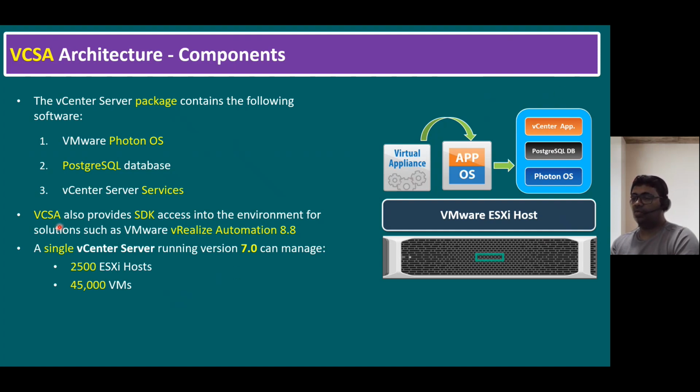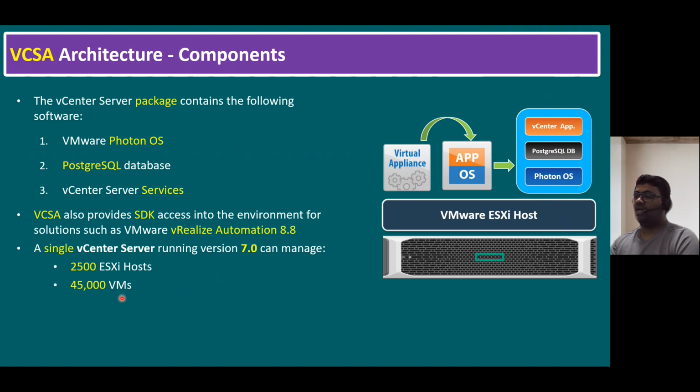And VCSA also provides SDK, software development kit, access into the environment for solutions such as vRealize Automation, the latest version 8.8. A single vCenter Server running version 7.0 can manage 2500 ESXi hosts. That is the capability of the latest vCenter Server version, and it supports 45,000 virtual machines. In most scenarios, only extra large or very large organizations will set up this many ESXi hosts and virtual machines.